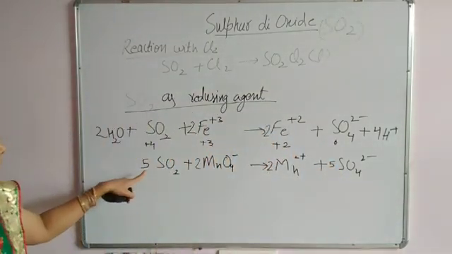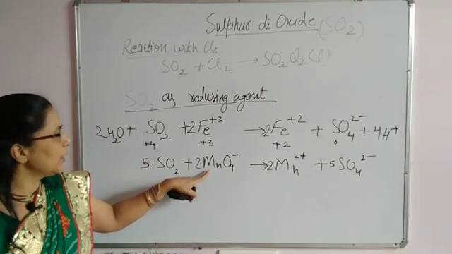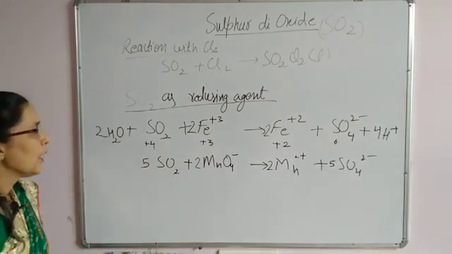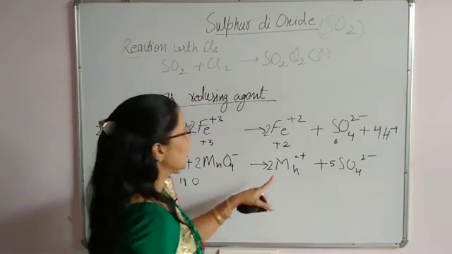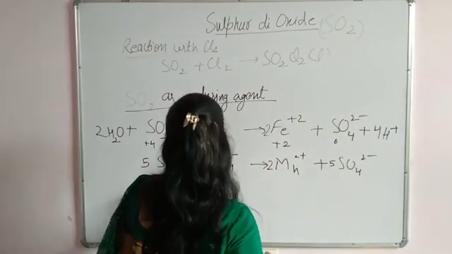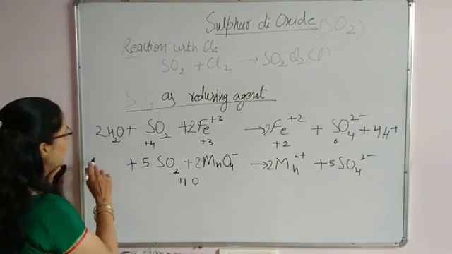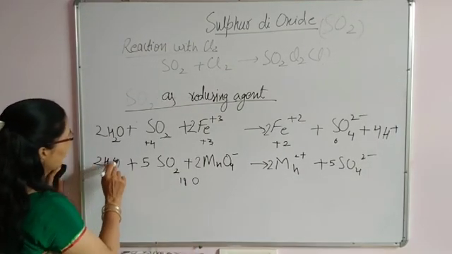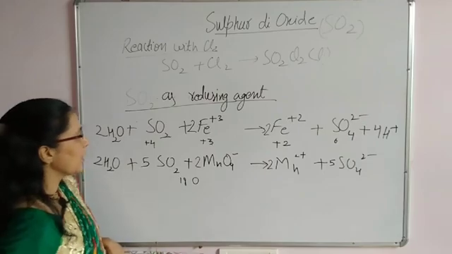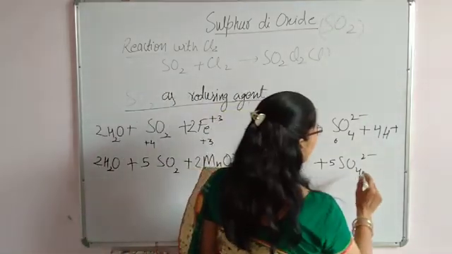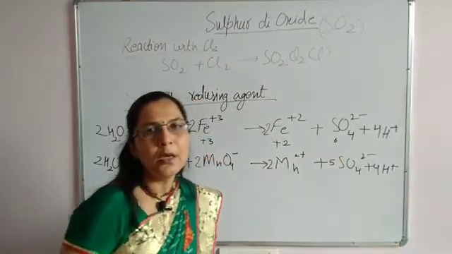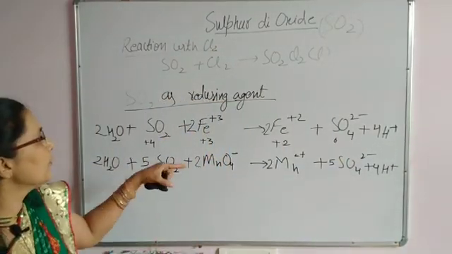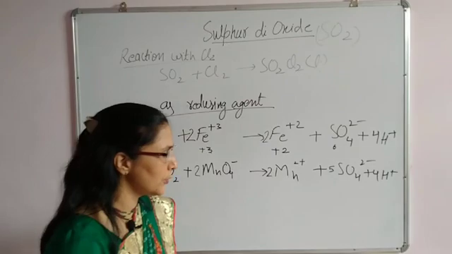Now count the oxygen. 5 times 2 is 10 and 4 times 2 is 8, which means 18 oxygen. And here the oxygen is 20. So you need to put two water molecules here. Oxygen is balanced, and 2 times 2 gives 4 hydrogen. It means you will put 4H plus. In this manner, you can solve this type of redox reaction.